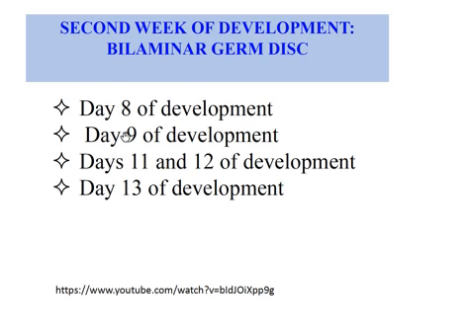So we'll talk about day 8, the beginning of the second week, the events happening by day 9, days 11 and 12, since we have the same things happening during these days, and finally day 13, which describes the end of the second week of development.